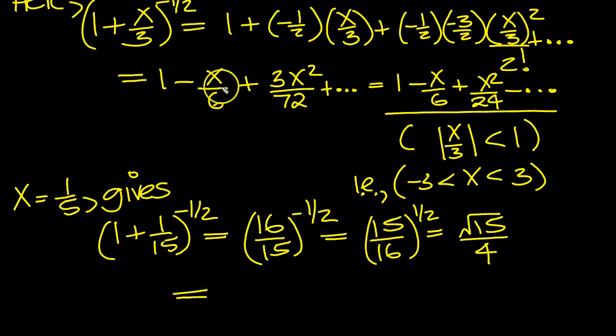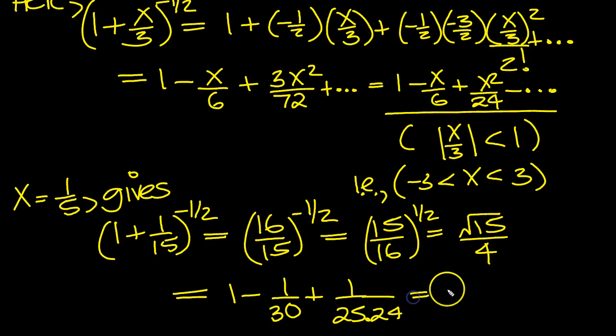And we're putting in x as a fifth here, so it's 1 minus 1/5 over 6, which is 1 minus 1 over 30, plus 1/5 squared, which is 1 over 25, times 24. Well, let's just work it out on the calculator, shall we?